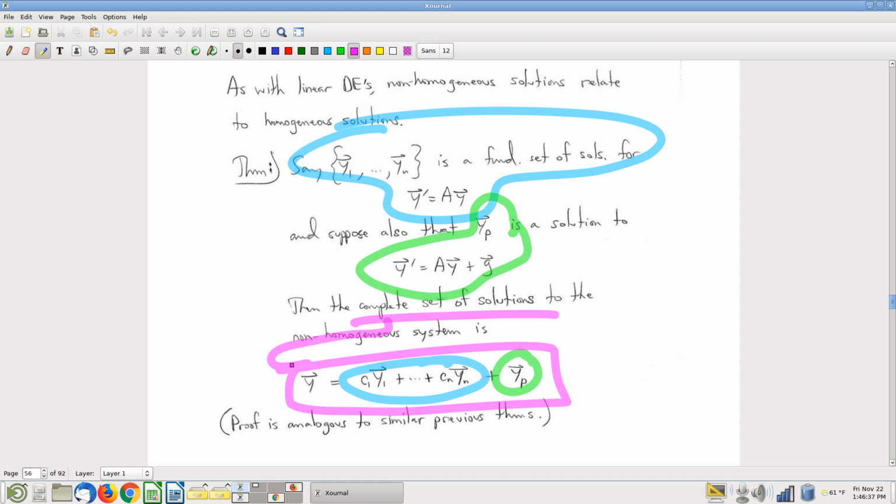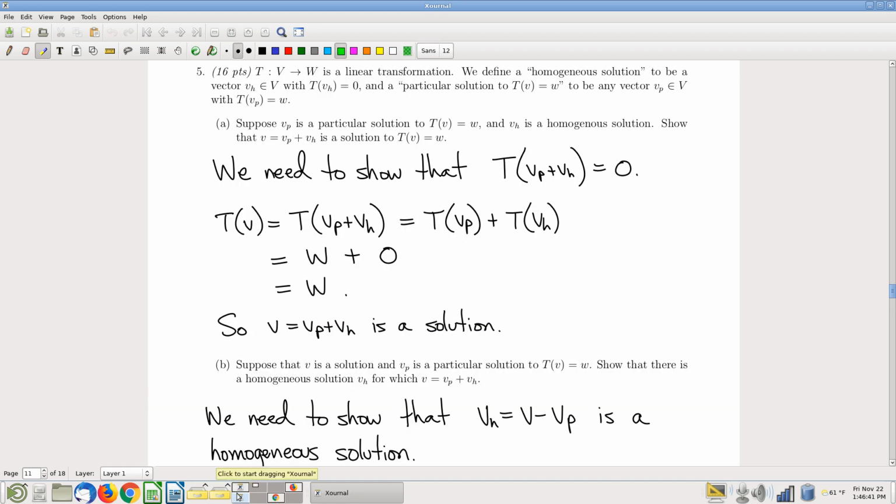I'm going to show you a different way to prove it, which is to refer to question 5 on our recent midterm exam, which itself is a reference to something that we talked about in class, which is that you can generalize this whole idea of particular and homogeneous.